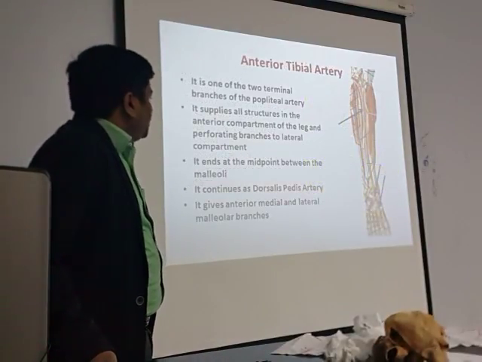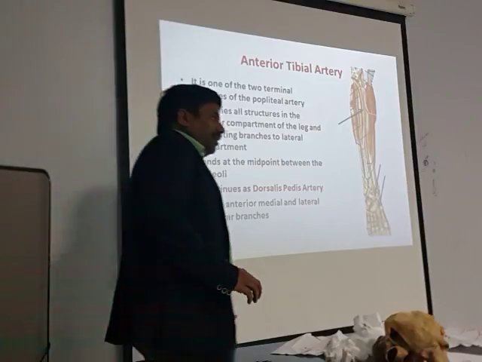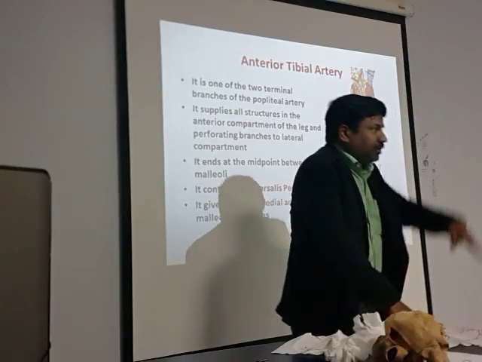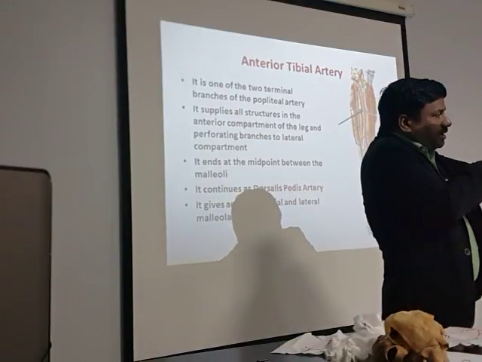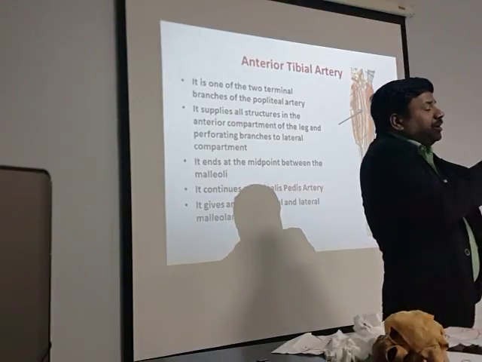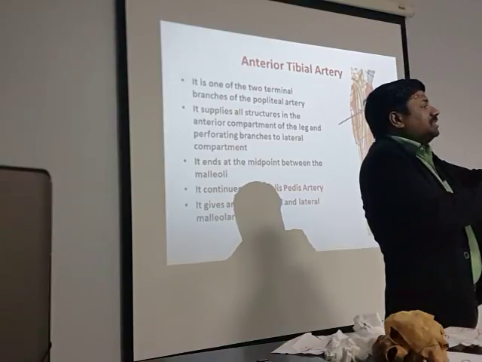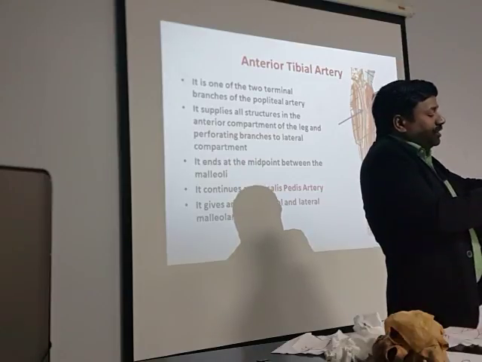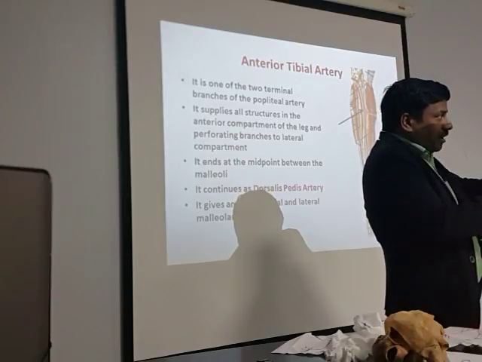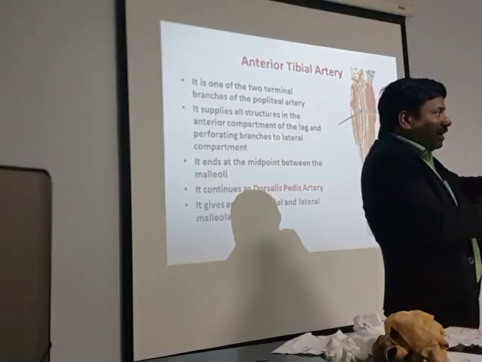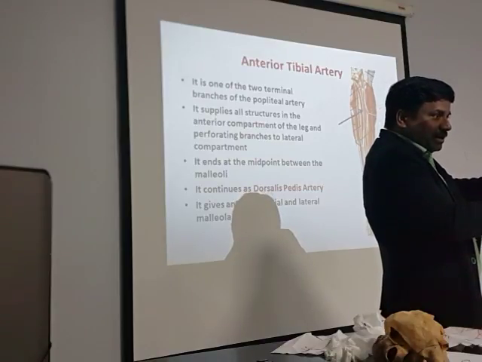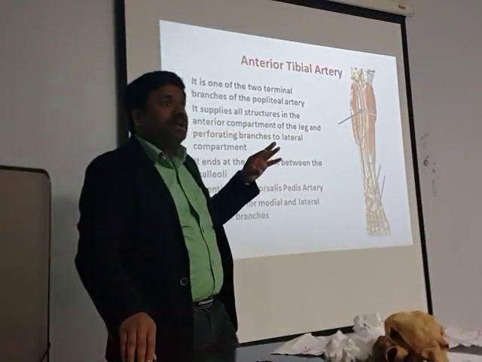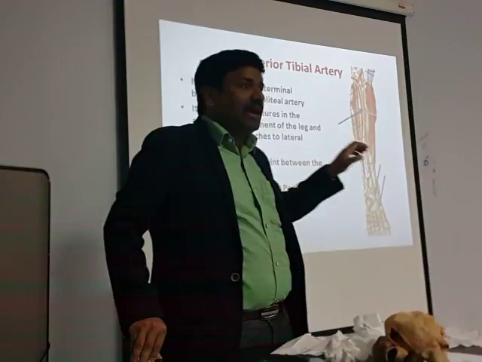The anterior tibial artery supplies the anterior compartment, and after supplying it, it runs over the dorsum of the foot as the dorsalis pedis artery. This dorsalis pedis artery is again superficial, and its pulsation can be felt over the navicular bone, the tubercle of the navicular. It is one more important peripheral artery, used for pulsation in peripheral artery diseases.